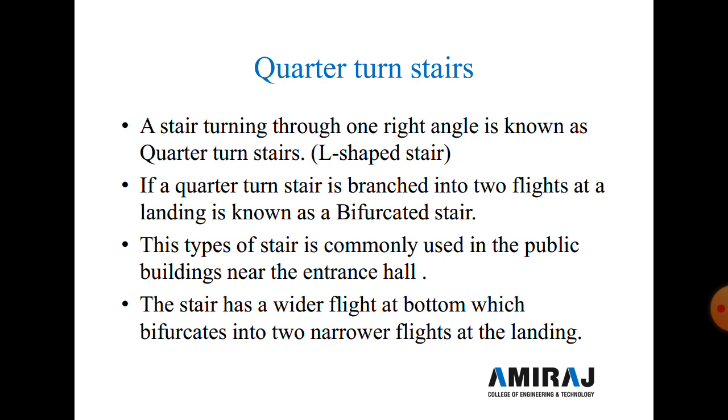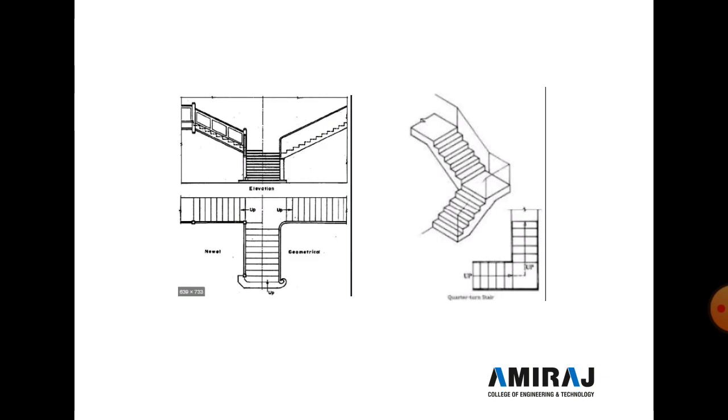The stair has a wider flight at the bottom which bifurcates into two narrow flights at a landing. So see this figure. In this figure you can exactly see the stair divided into two parts, or the L-shaped stair we see in the second figure.